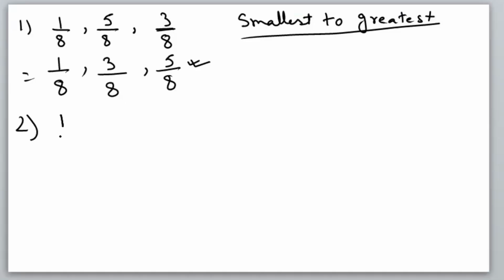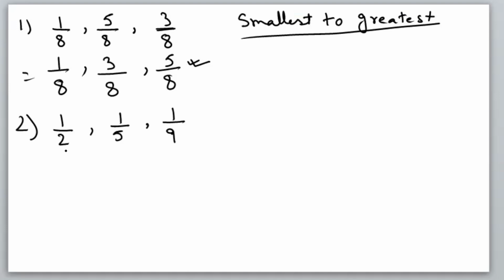Now take another question. It says 1 over 2, 1 over 5, 1 over 9. And the same, we have to arrange it from smallest to greatest. And here 1 over 2, 1 over 5, 1 over 9, 1, 1, 1. The numerators are same. Here comes the second point, where it says if you have the same numerator, then you have to compare the denominators.